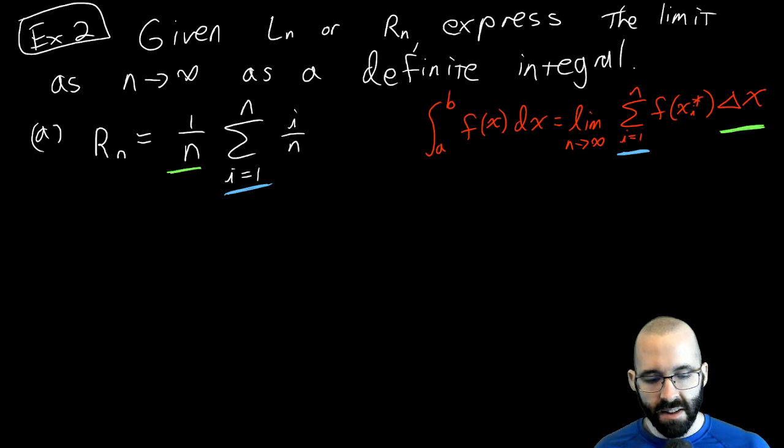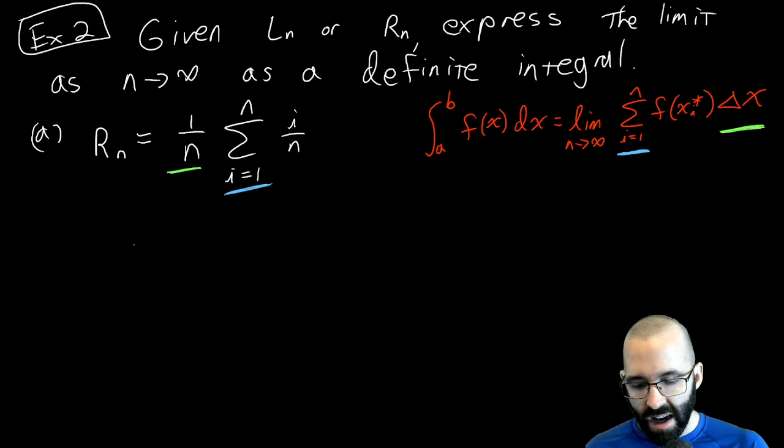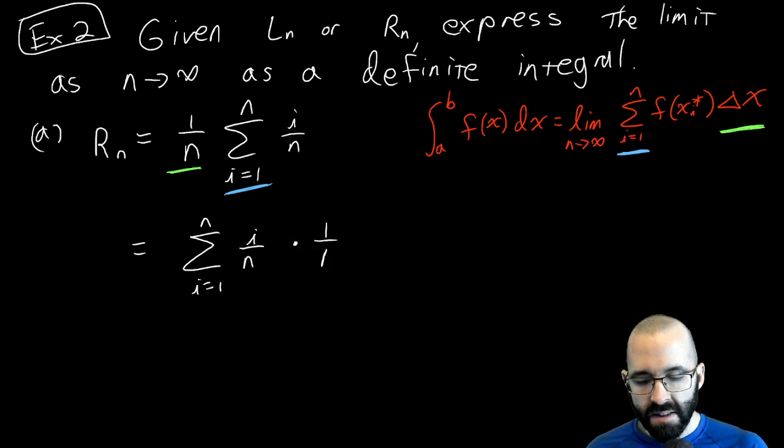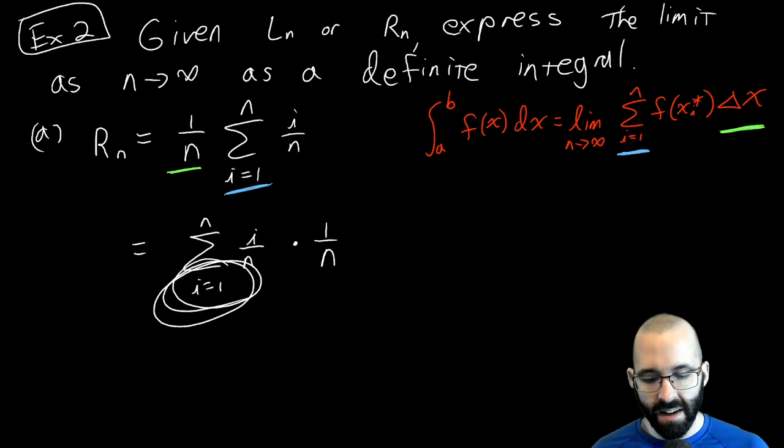But you might say, Jason, these green underlined things aren't in the same spot. Remember 1.1.1, properties of sigma notation. And that this is exactly the same as that. 1 over n is a constant. It doesn't depend on i.